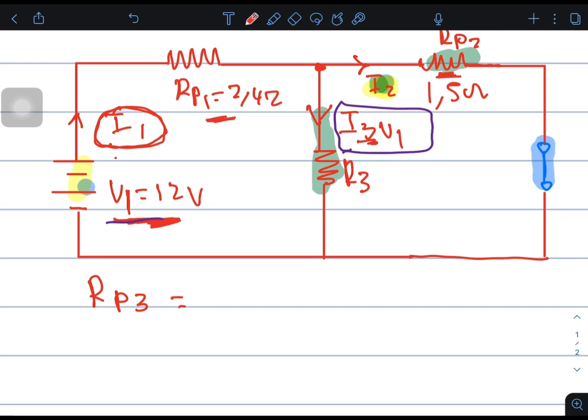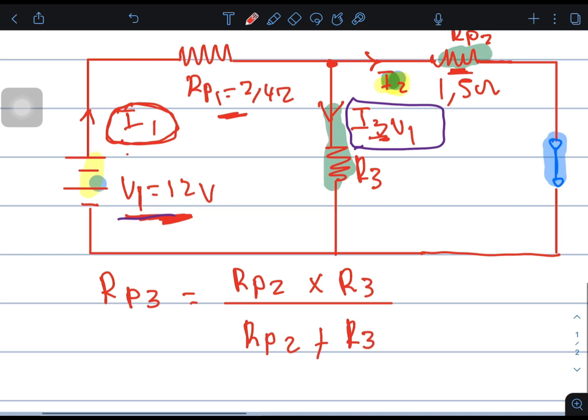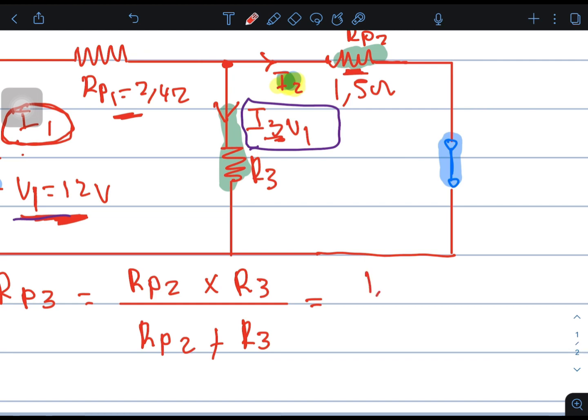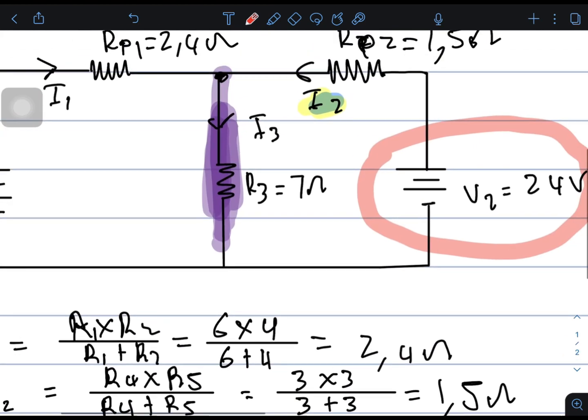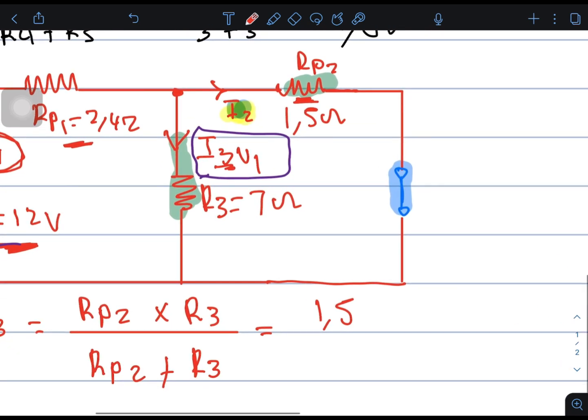R parallel 3 is R parallel 2 times R3 over R parallel 2 plus R3. R2 is 1,5, and R3 is 7 ohms, so it is 1,5 times 7 over 1,5 plus 7.